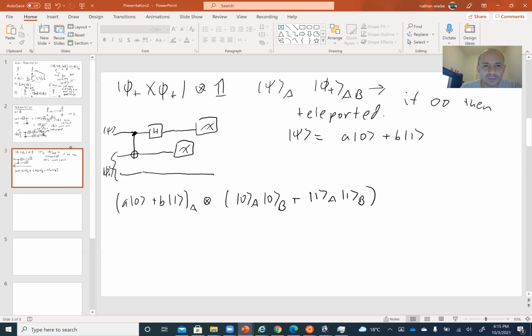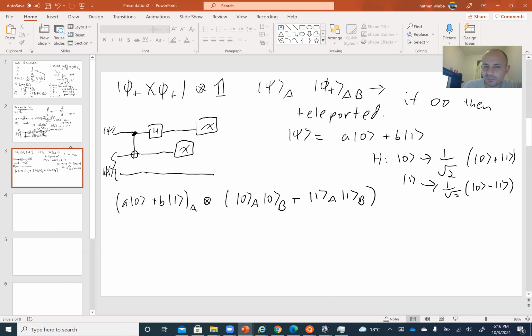Now, what we do is we now are going to go through and apply the controlled NOT gate and the Hadamard. Recall that Hadamard maps 0 to 1 over root 2, 0 plus 1, and 1 to 1 over root 2, 0 minus 1. So very first thing that we can do is we can group these all together and do this controlled NOT operation.